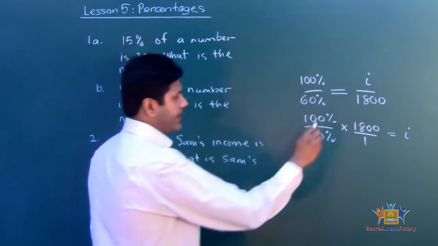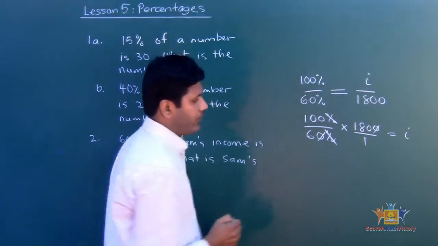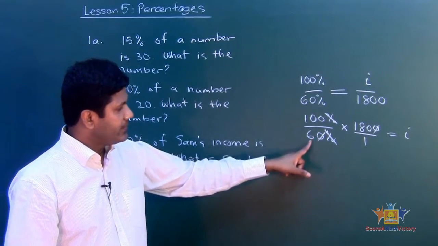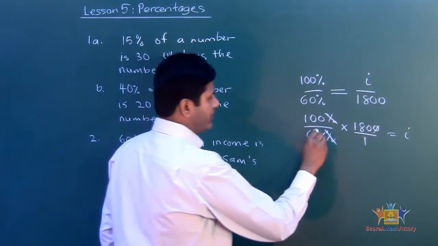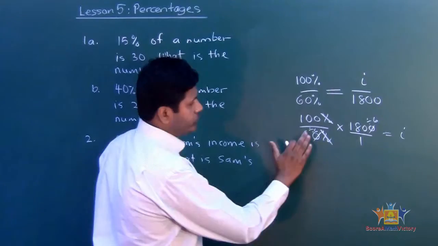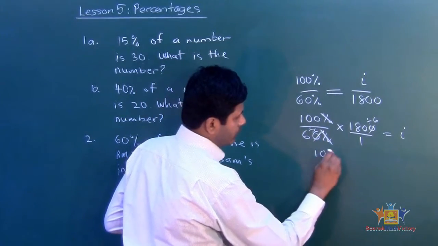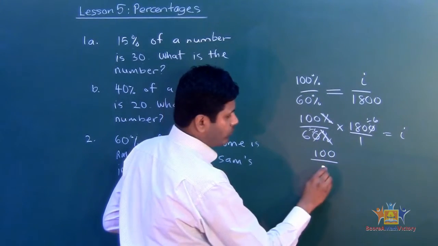Before that, I cancel the percentage, so I can take a 0 off. Now I can divide 6 and divide 180 by 6. Let's rewrite this. You got 100 over 6 divided by 6 is 1.